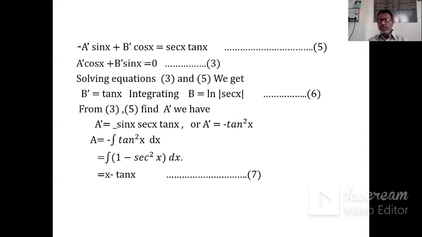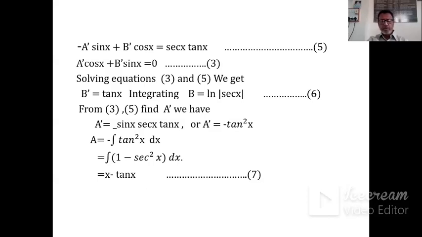We know that sec square x minus tan square x is equal to 1. Therefore, we obtain minus tan square x is equal to 1 minus sec square x. We substitute this value here, and then integrating this, we get x minus tan x. Do not add the constant of integration.